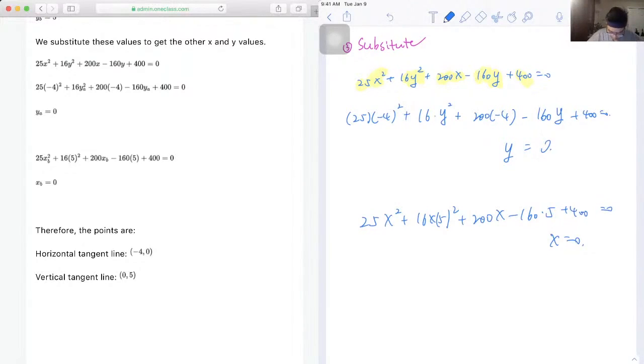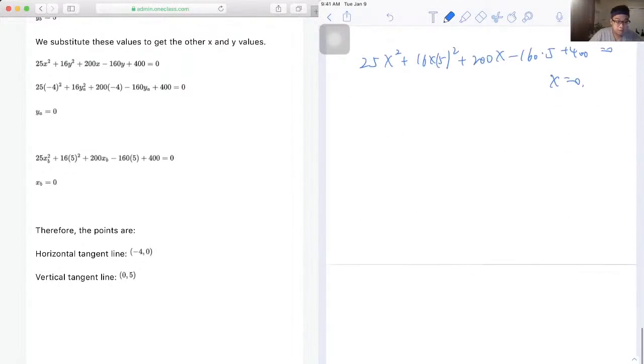So the points should be negative 4, 0, and 0, 5.